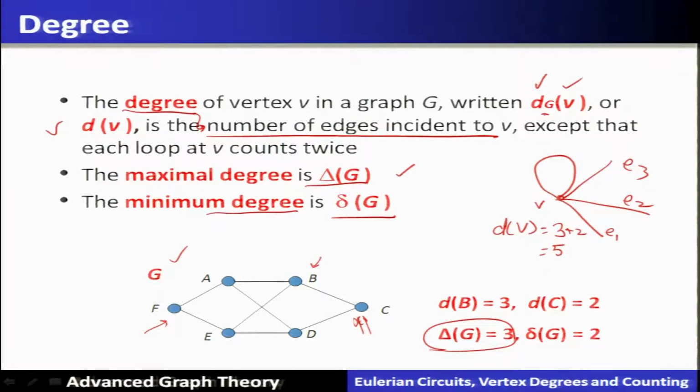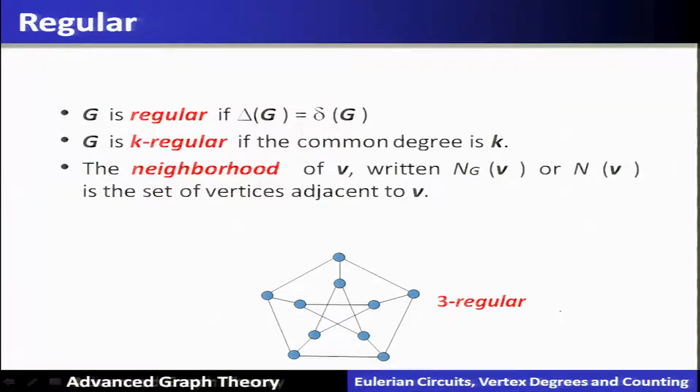So, obviously the minimum degree of this graph will be 2. Now, if G is a regular graph, then this property holds: the maximum degree is equal to the minimum degree of the graph. If G is a k-regular graph, then this common degree is equal to k.